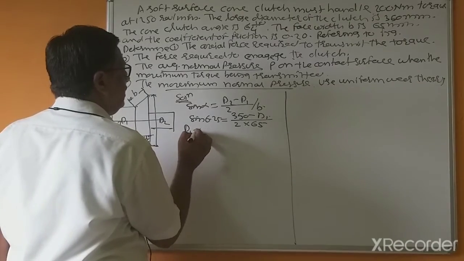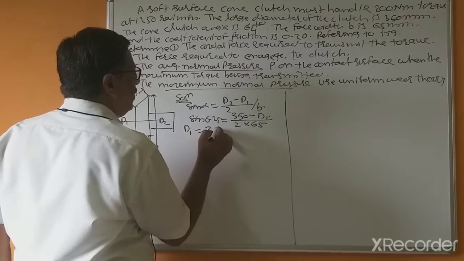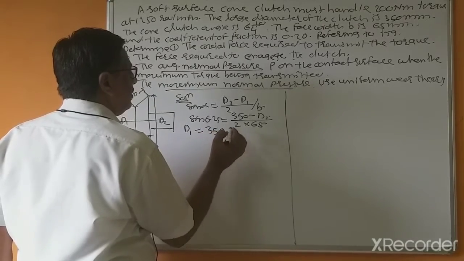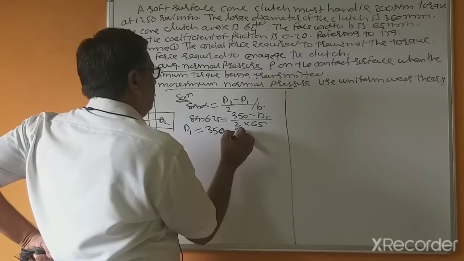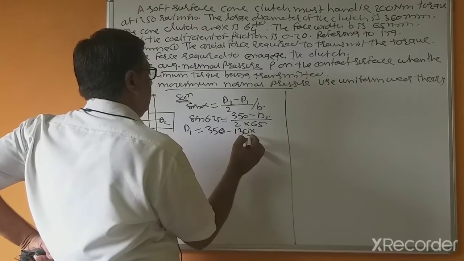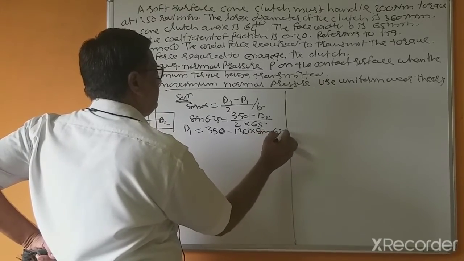So outer minus inner diameter equals 350 minus 130 into sine 6.25.